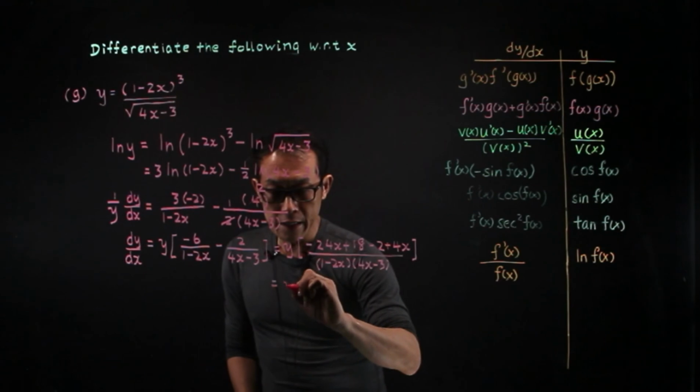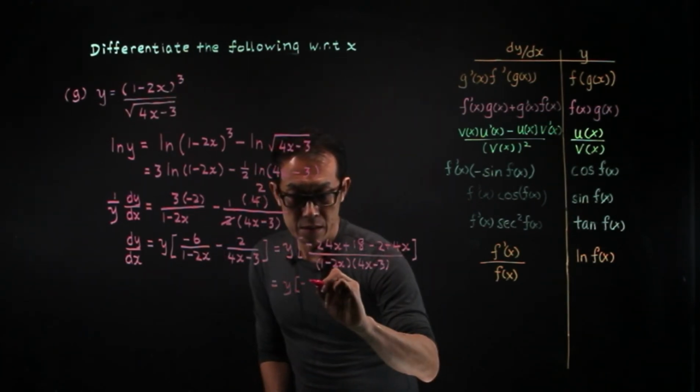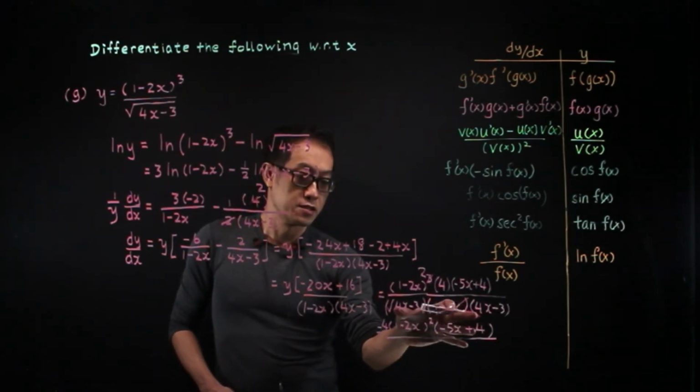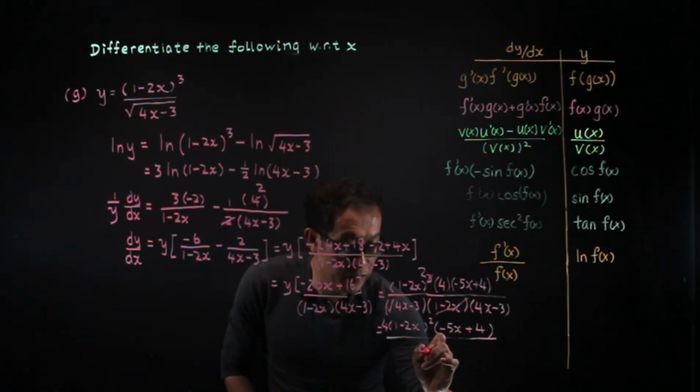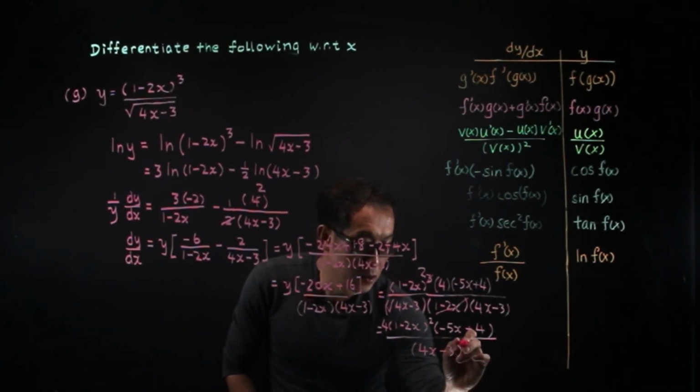So I get y into minus, this becomes (4x minus 3) to the power of 3 over 2.